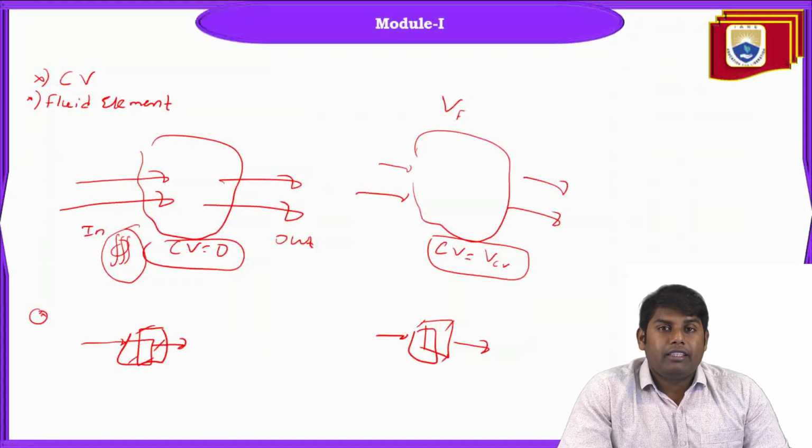Another realistic example is an aircraft engine, which is attached to the aircraft. If you take the aircraft engine as a control volume, the engine also has the velocity the aircraft has. Flow also enters and flow also leaves. Therefore, we need to account for the relative velocity when we derive governing equations.